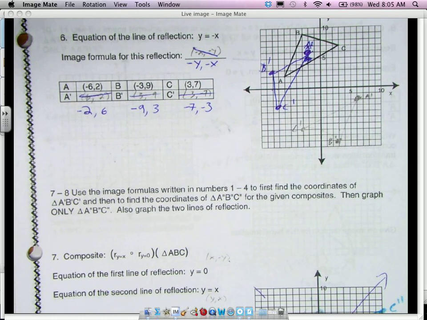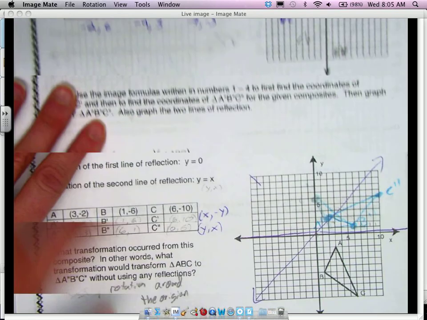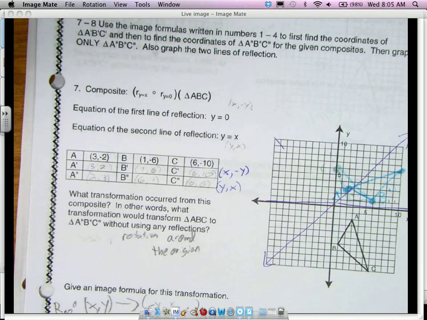All right. Are we ready for 7? Okay. So 7, I know I had to look up y equals 0 and y equals x. So I wrote down both image formulas, x comma -y, y comma x. Found my points, just graphed the last one, and I can see it's a rotation around the origin. What rotation is it? Is it 180 degrees, 90 degrees, 270, 360? 90 degrees.